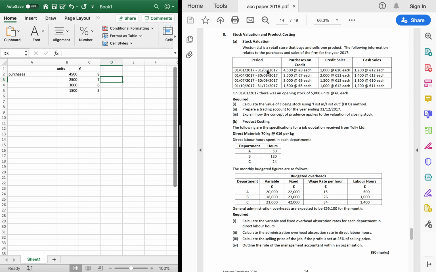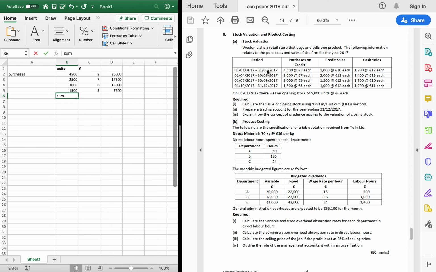So we're going to do those sums. 4,500 by 8, 2,500 by 7, 3,000 by 6 will be 18,000, and 1,500 by 5 will be 7,500.